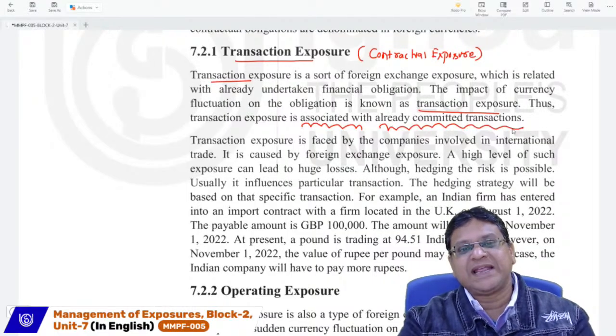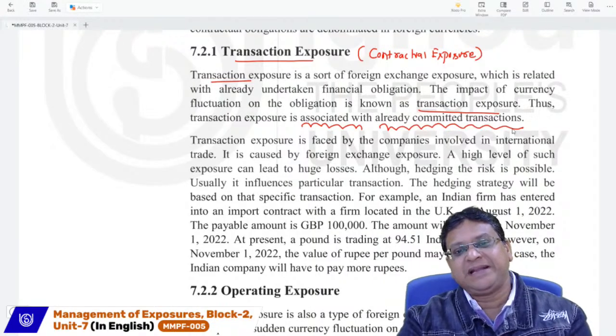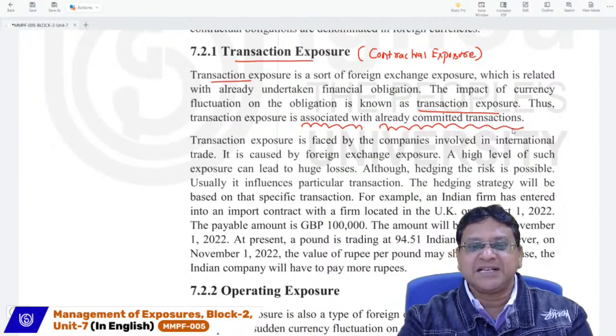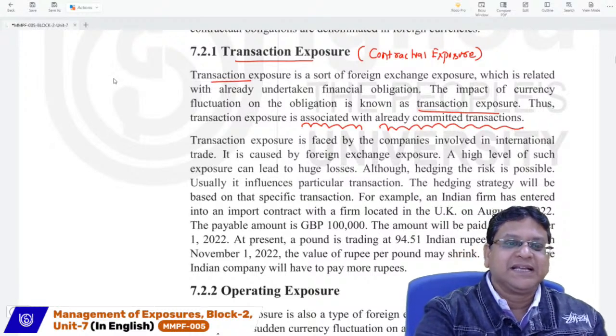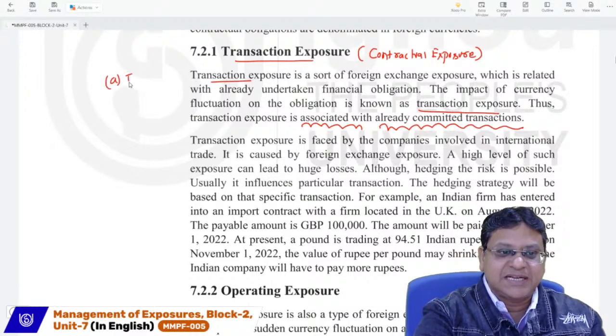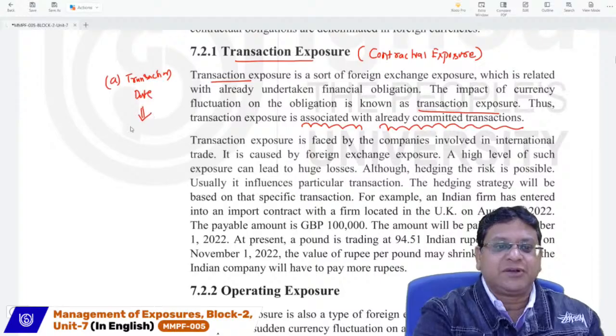If those are expressed in terms of foreign currency, the fluctuation in the value of foreign currency will give transaction exposure if one condition is followed, that is if transaction date and settlement date, there are two dates, transaction date and settlement date are different.